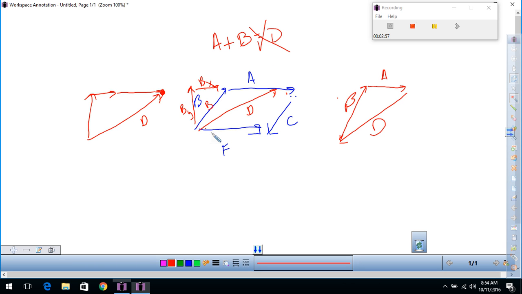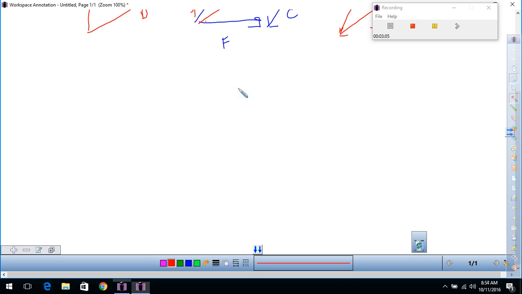All right, and then it says A plus B is equal to a negative D. All right, let's see if that makes sense. So here's my A, here's my B, so there's B plus A, or A plus B, same thing, order doesn't matter.